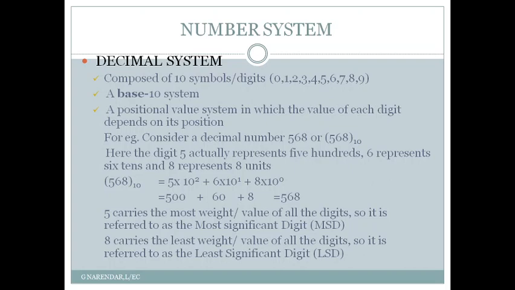And the decimal system is also called a positional value system, because each and every position of a decimal number will have its positional value, which is a power of 10.